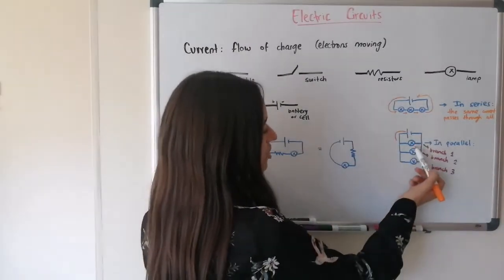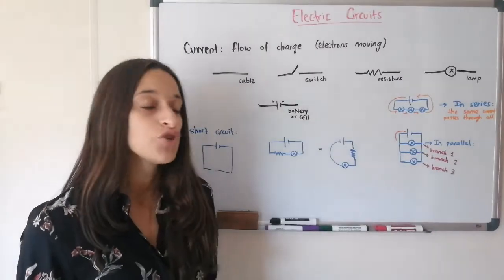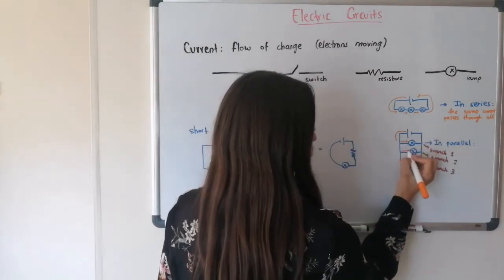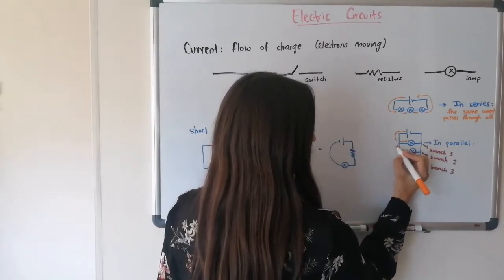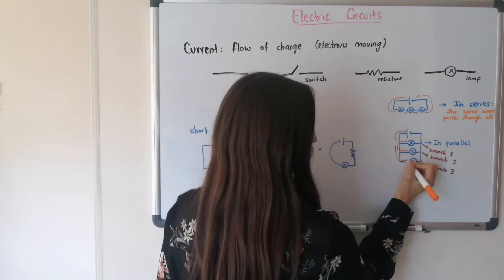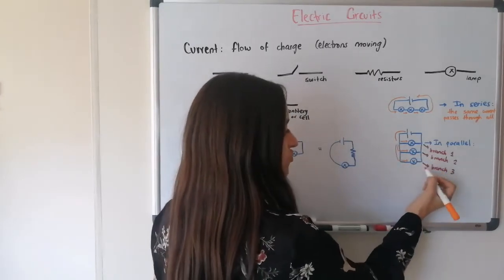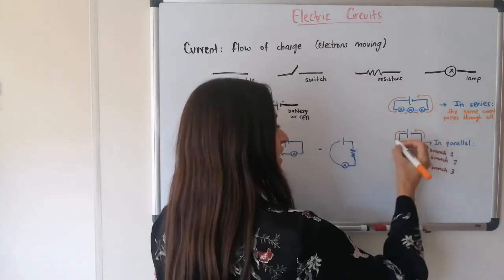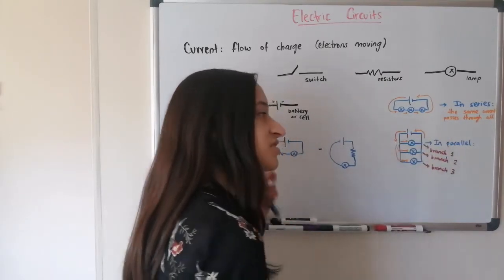In this case, each branch is exactly the same. So 1/3 of the electrons will choose the first one, 1/3 will choose the second one, and 1/3 will choose the third one. So there will be the same amount of electrons in each one. And in the end, they will all come back together, join, and get back into the cell.